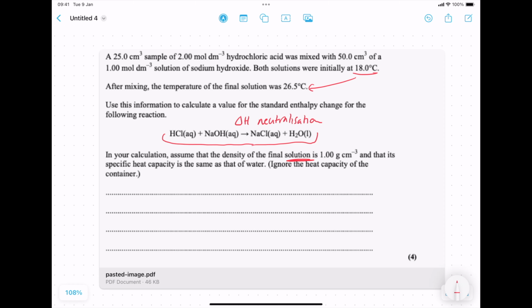And also the specific heat capacity is the same as that of water. So in the previous video, we were given the value for the heat capacity of water as C equals 4.18 joules per gram per degree C. Degree C and Kelvin are used interchangeably, as long as you stick with one unit, it's fine. So 4.18 joules per gram per degree C.